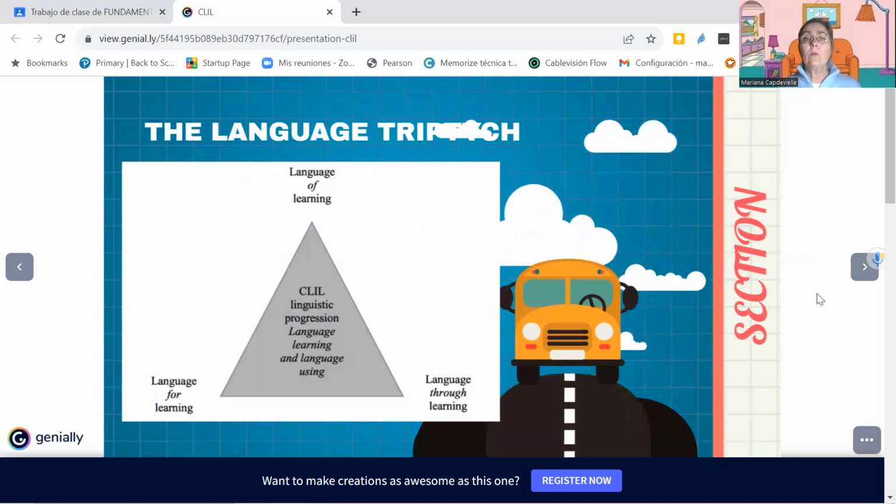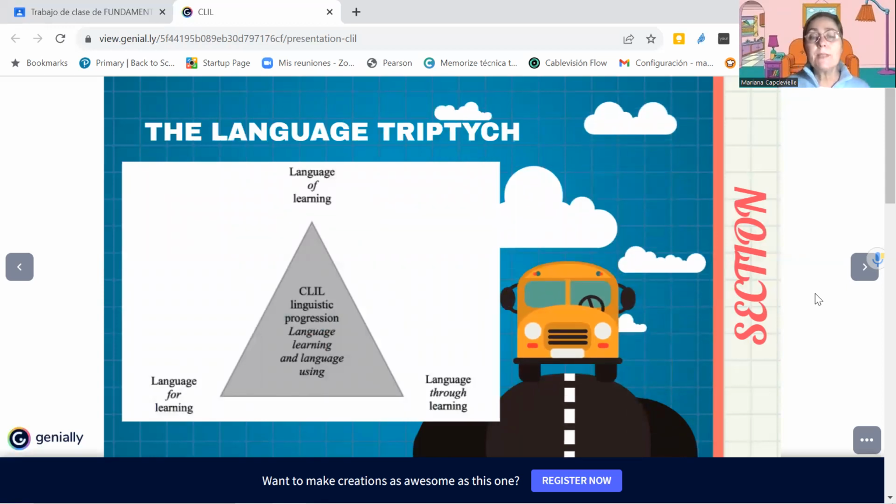And here is the language triptych. The triptych means that, okay, in CLIL you have a linguistic progression of language learning and language usage, because you learn the subject matter and you also acquire the skills in language, hopefully.